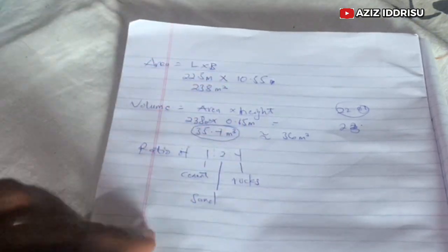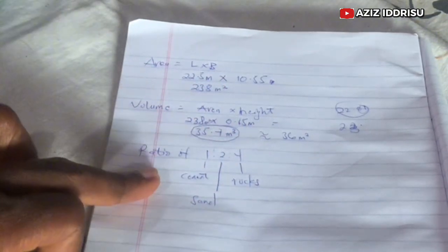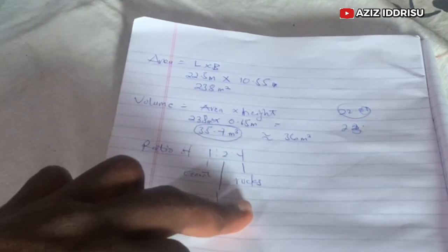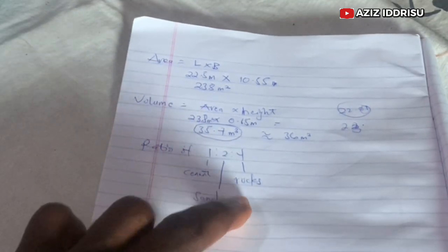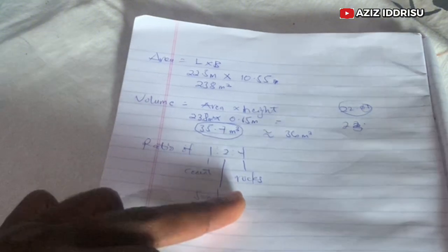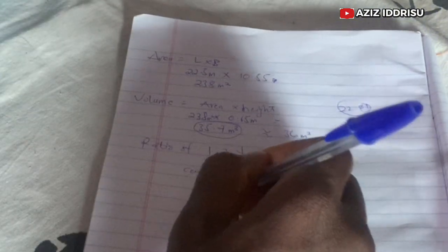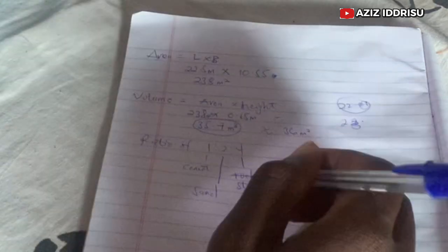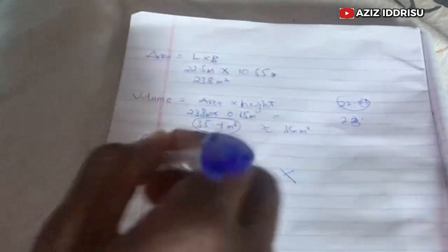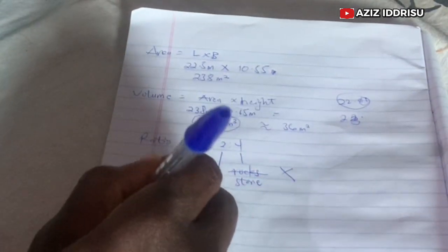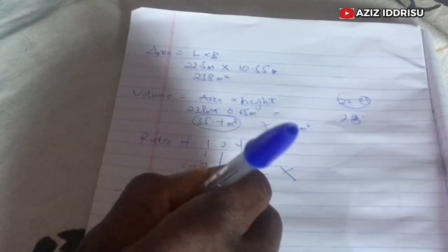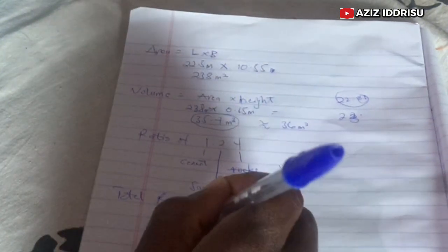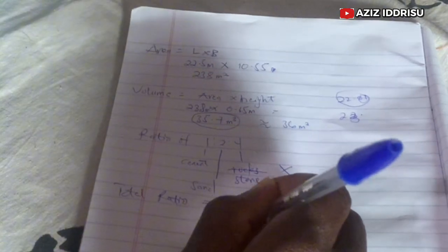Some people mistake this for 1 bag of cement, 2 wheelbarrows of sand, then 4 wheelbarrows of stones, which is incorrect. So you find your total ratio, which is 1 plus 2 plus 4, and this will give us 7.